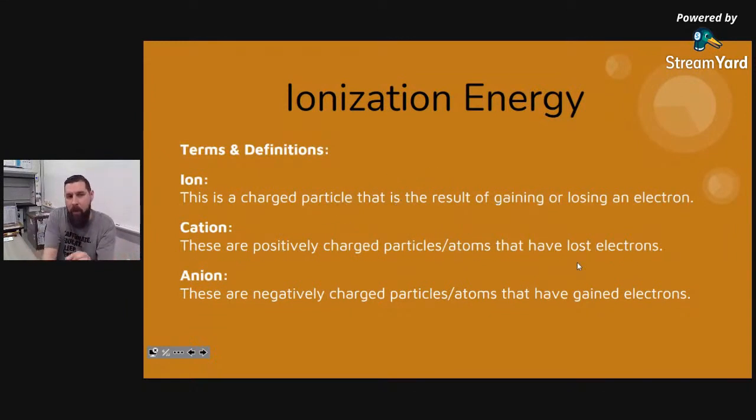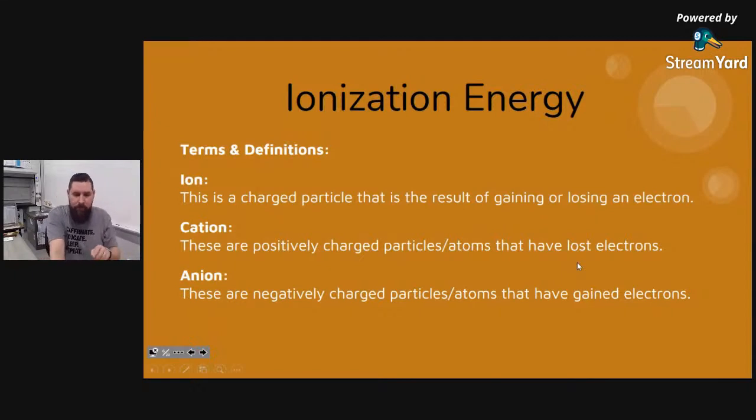So, cation, anion. Also, an easy way to remember which one is which, when you think about cation, when you write this out, think about that t as being a positive sign. So right there, cation is your positive ion, which by default would make the anion your negative ion.